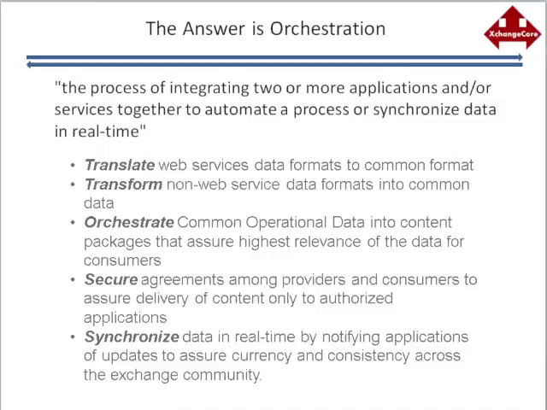Orchestration is the process of integrating two or more applications and/or services. Think of that as where I get this information. Integrating them together in order to automate, meaning make it automatic.